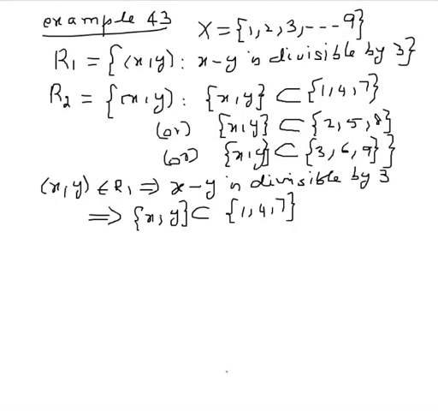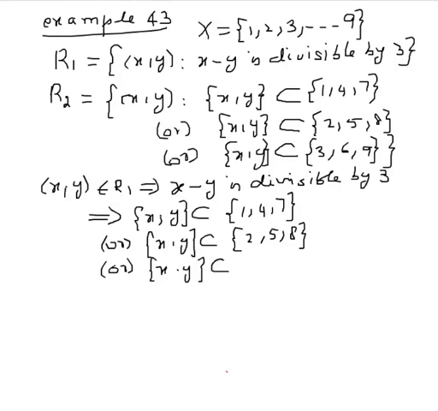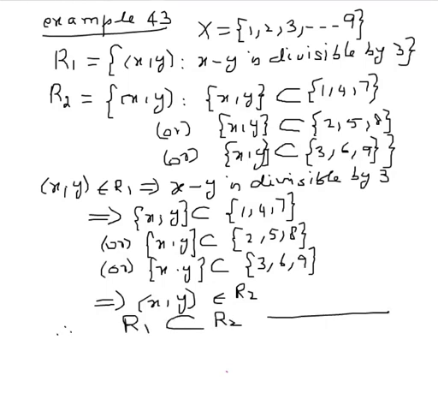Actually, these are the partitions of the given set X. Or {x, y} should be a subset of {2, 5, 8}, or {x, y} should be a subset of {3, 6, 9}, which implies (x, y) belongs to R2. Therefore, I can say that R1 is a subset of R2. This is our first result. Similarly, we will try to prove that R2 is a subset of R1. Therefore, we conclude that R1 is equal to R2.